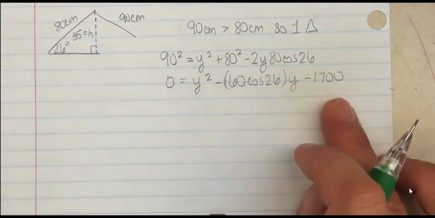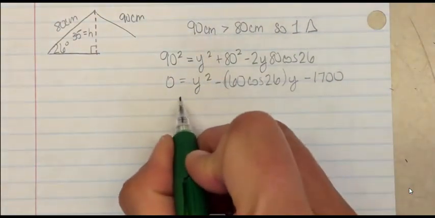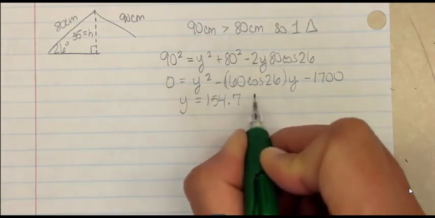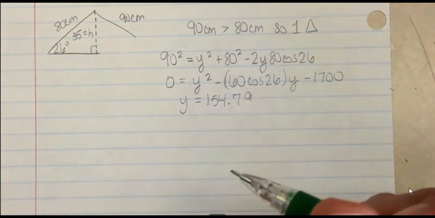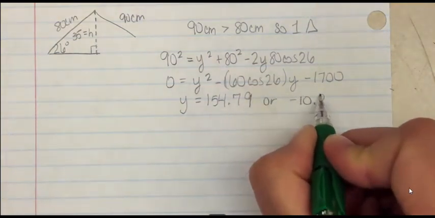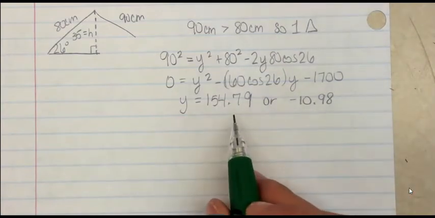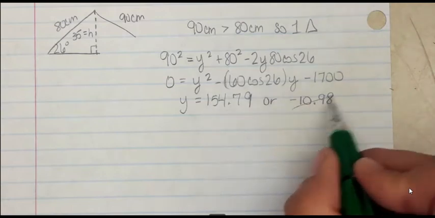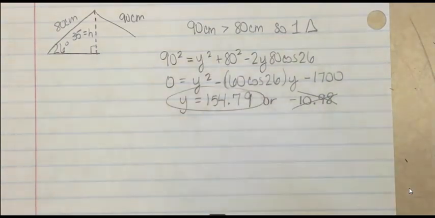And if you plug that into your quadratic formula, you're going to get the fact that y equals 154.79, or your other answer would be negative 10.98 centimeters. Well, can I have a side length that is negative 10.98? No. So that one's thrown out, and I'm just left with one possibility for my triangle.